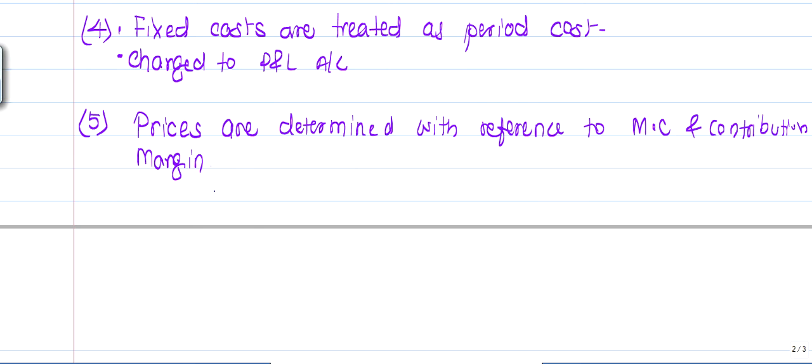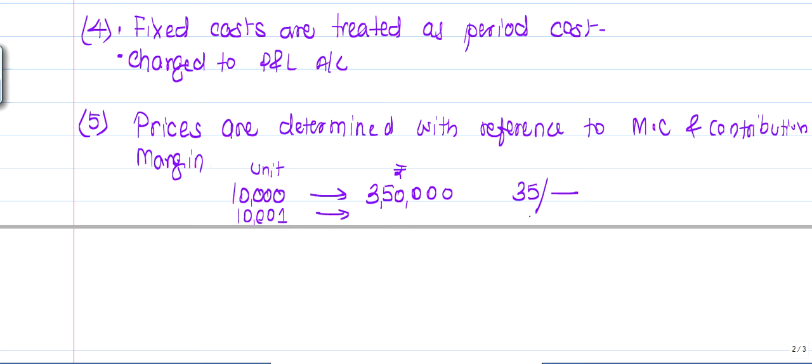In my first example, for 10,000 units they got 3,50,000 cost. This is in rupees, this is the number of units, so per unit it is 35. Then we did 10,000 of one new product, that comes up to 20 rupees per product.